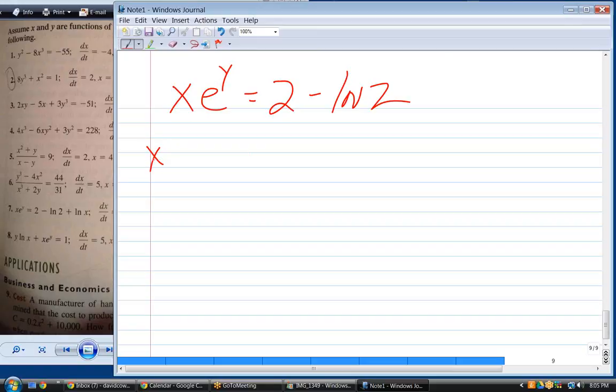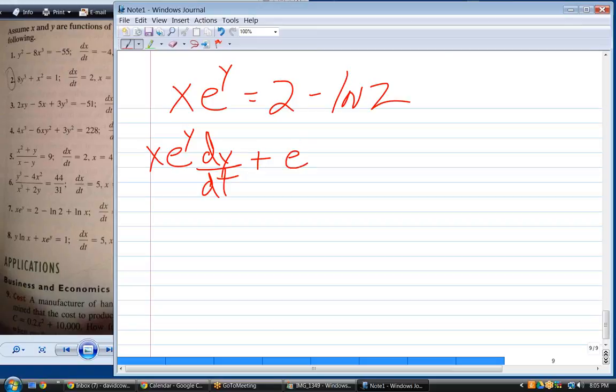Okay, so this would be x. The derivative of e to the y is e to the y, but since we're taking the derivative with respect to t, we need that. What's next?